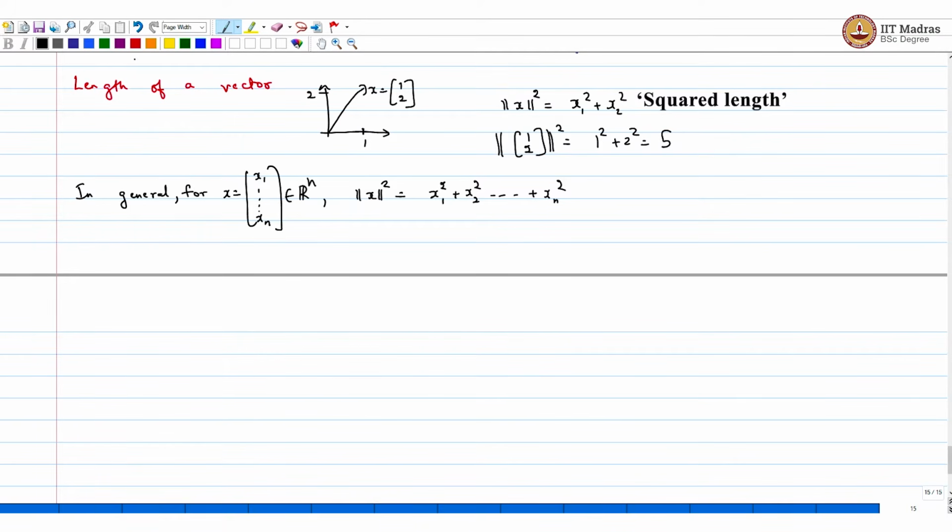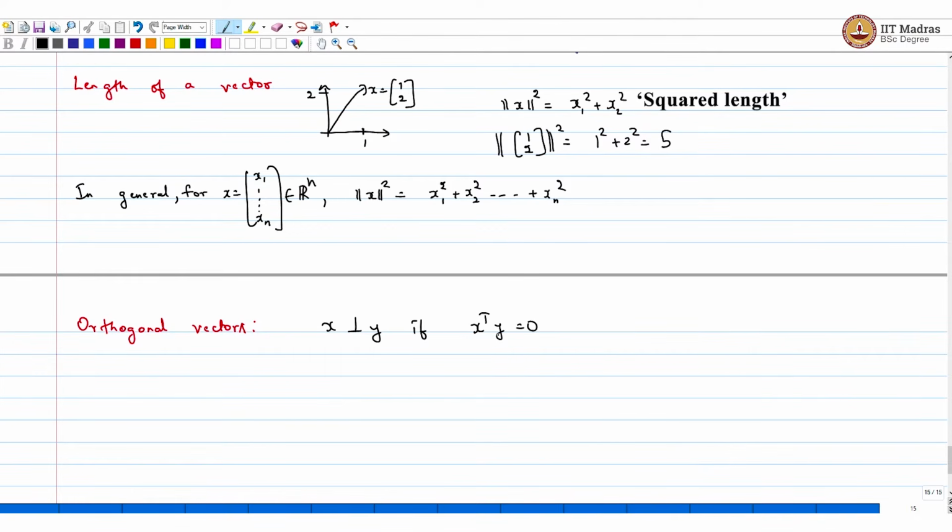Now the next notion is when are two vectors orthogonal. Orthogonal vectors. We can say that x is orthogonal to y if x transpose y equals 0.